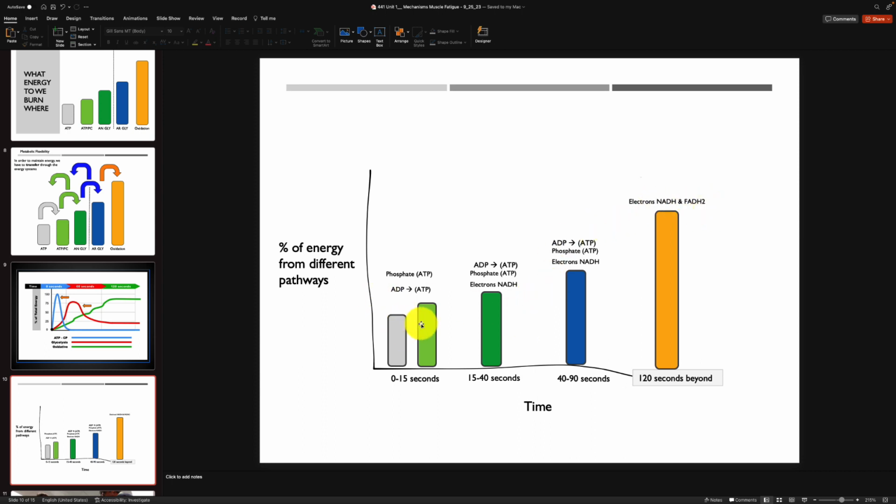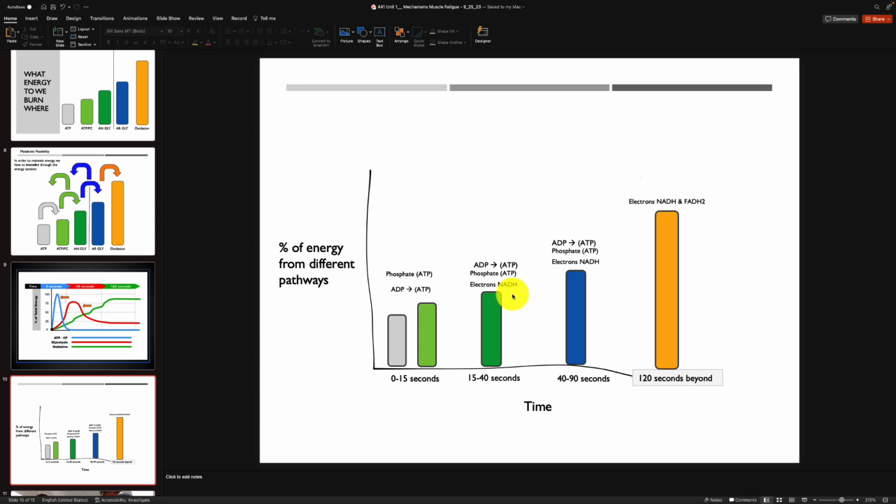So remember, this is anaerobic, this is aerobic, and all we're doing is passing phosphates or passing electrons. That's the big takeaway here. At the bottom here, you see time frames, right? You see 0 to 15 seconds, 15 to 40 seconds, 40 to 90 seconds, and 120 seconds and beyond.